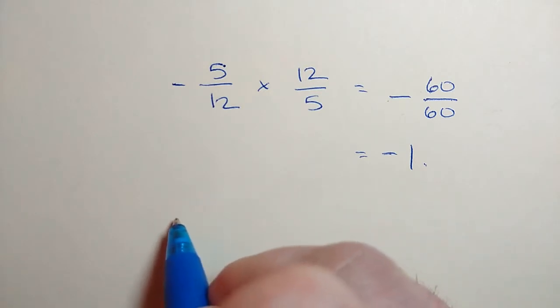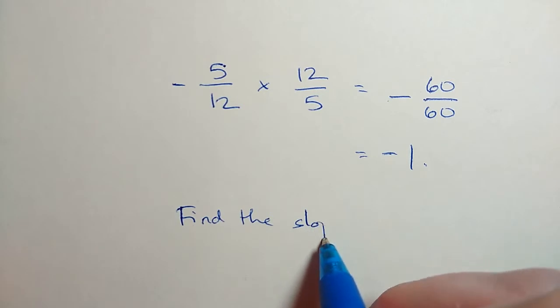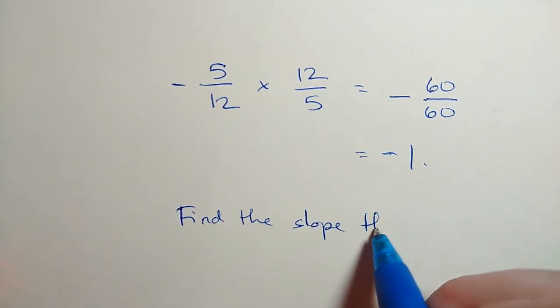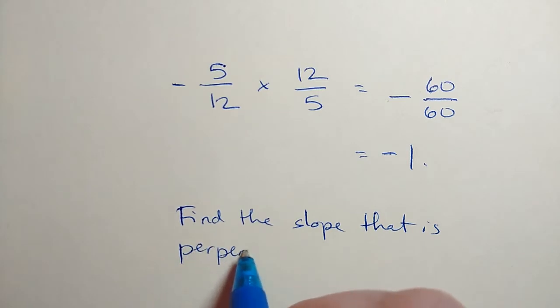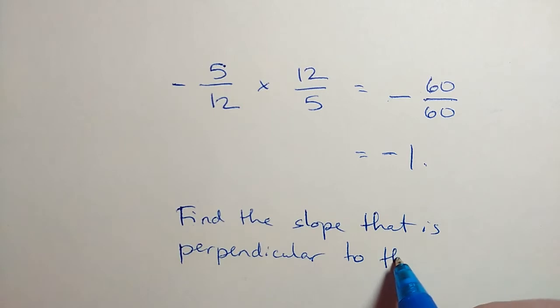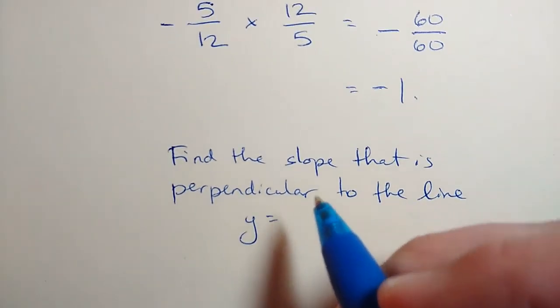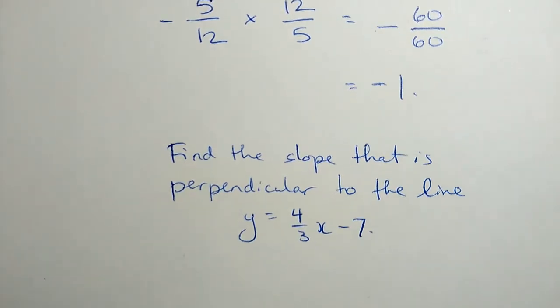So for example, find the slope that is perpendicular to the line. I'll give you an equation. Let's say y = 4/3 x minus 7.